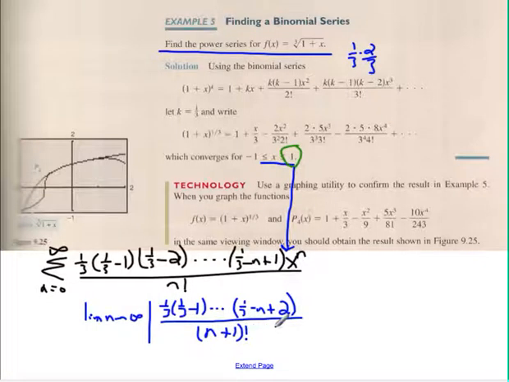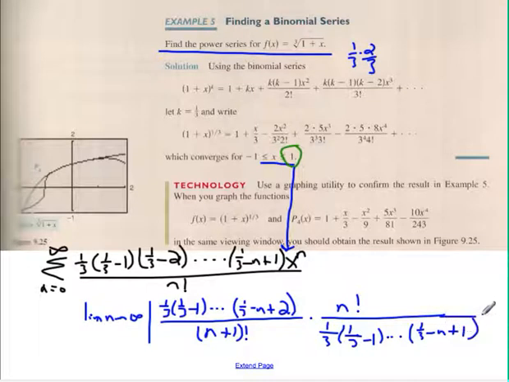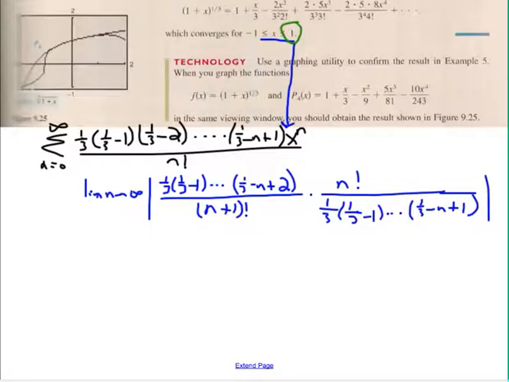And then divide by just that thing to the n, so we'll flip it, do the reciprocal, and put this guy up here. And then down here we're going to have 1/3, 1/3 minus 1, dot, dot, dot, all the way to the end. And the last thing here is going to be 1/3 minus n plus 1.